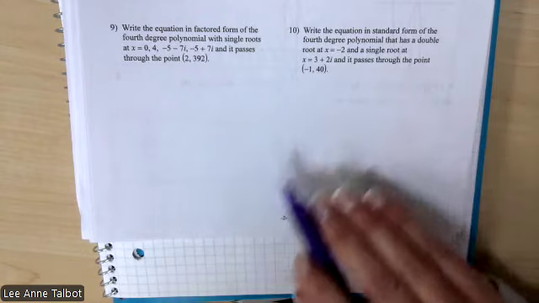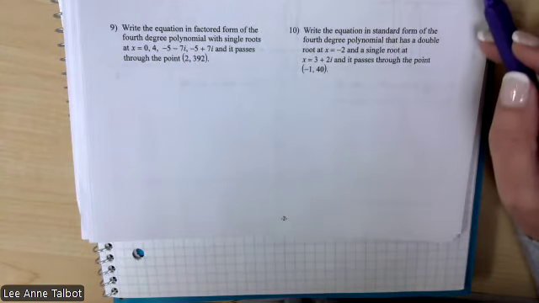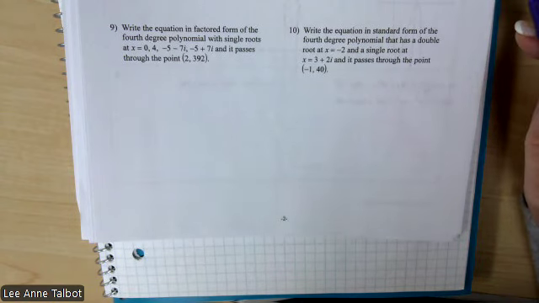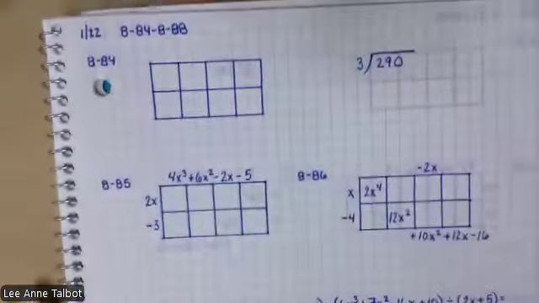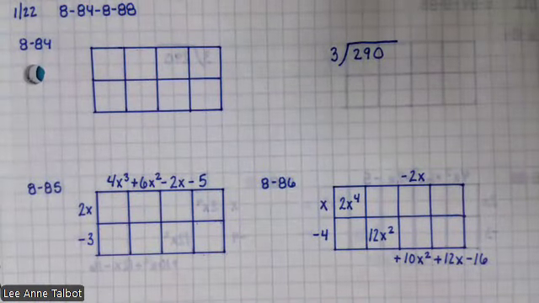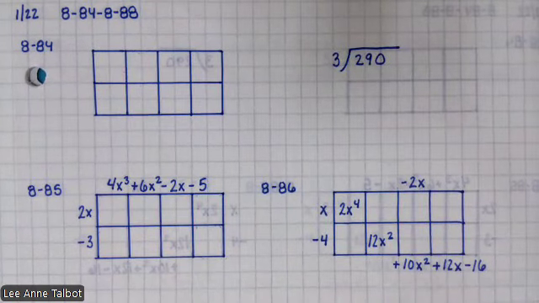So you don't have to do standard form for all of them. Just read the directions. Alrighty? Okay. I will come back to this tomorrow and answer questions. For now, have a good old fun time setting this up.